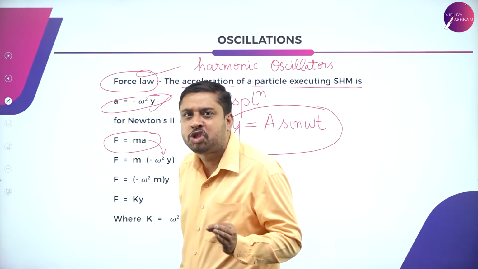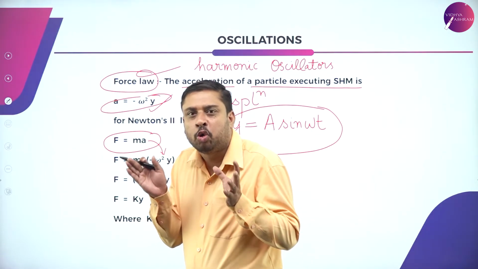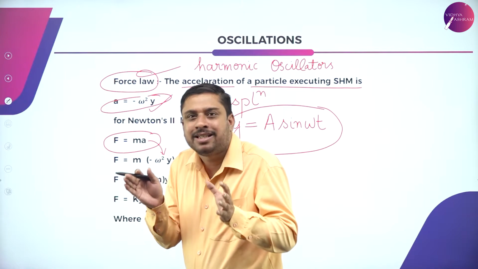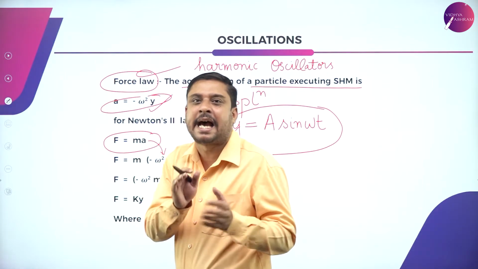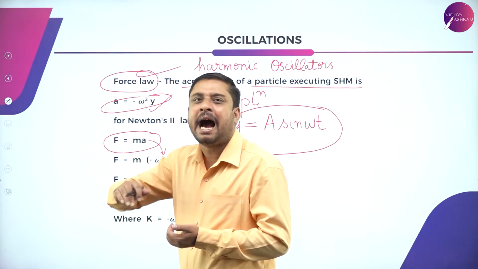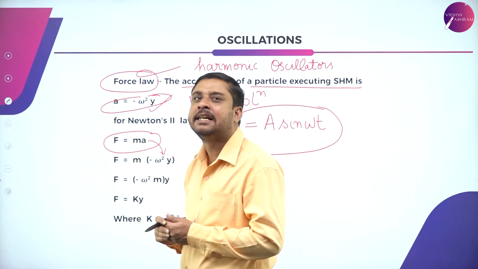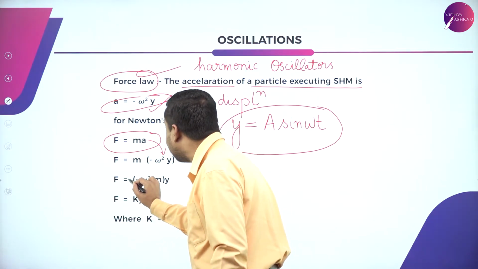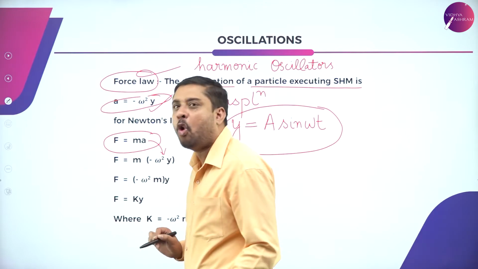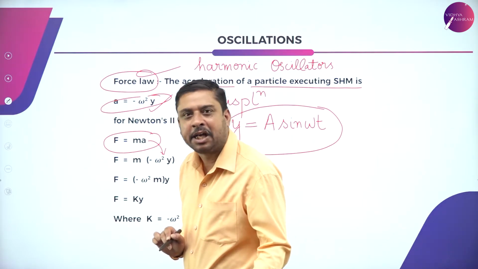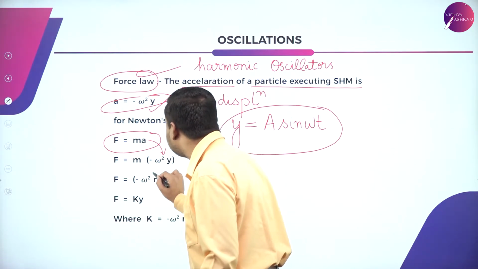Now my intention is to group the constants on one side and the other terms on the other side. So force equals minus omega square m into y. Angular velocity omega is a constant, and mass m is a constant.